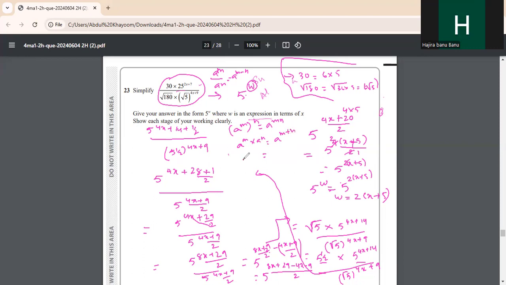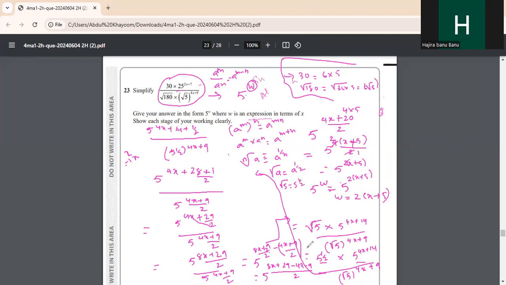Then we have taken the concept of nth root a can be written as a to the power of 1 by n. So if it is a square root, this is 2. If I write x in algebra, it means 1x. Similarly, if I write simply root, that's a square root. So if square root of a is there, I can write it as a power 1 by 2. So root 5, I have converted somewhere as 5 to the power of 1 by 2.